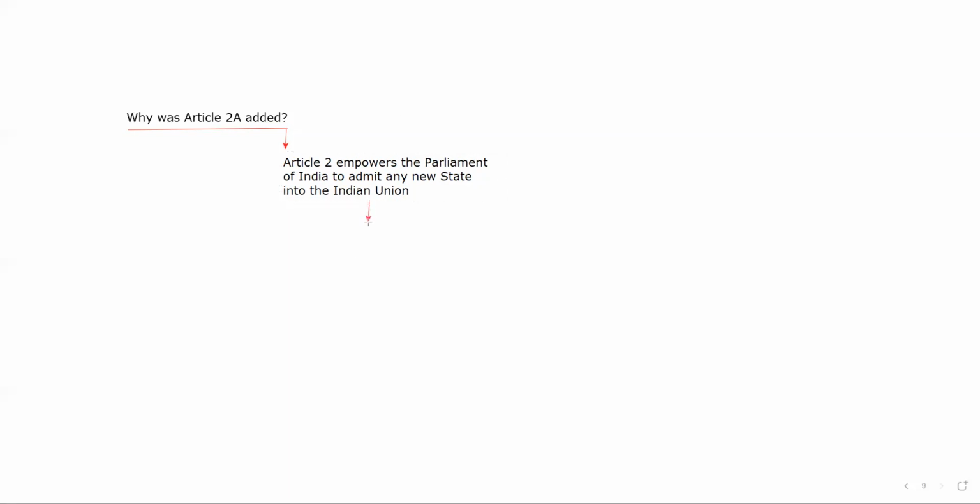The Constitution of India provides for only three types of units. What are they?